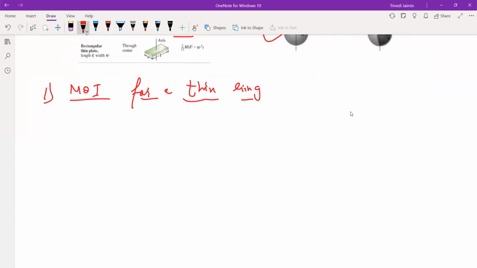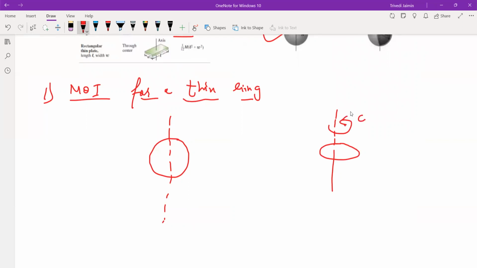For a thin ring, if I see it, it's like a circle. If I draw the axis on it and show you the side view, it will be like this, as you can see in that photograph also. Axis of rotation is this way.